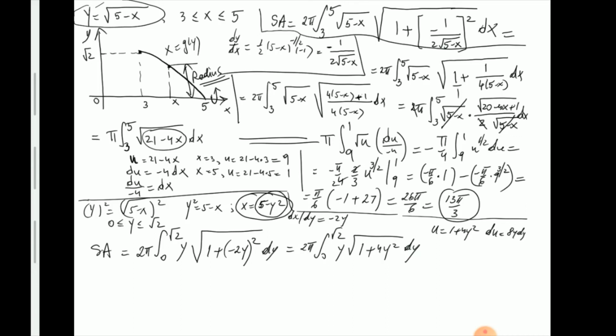The new bounds are, let's see, when y equals 0, u would be 1 plus 4 times 0, so that's going to be 1. And when y equals square root of 2, u equals 1 plus 4 times root 2 to the power 2. That makes it 4 times 2, 8 plus 1, 9.